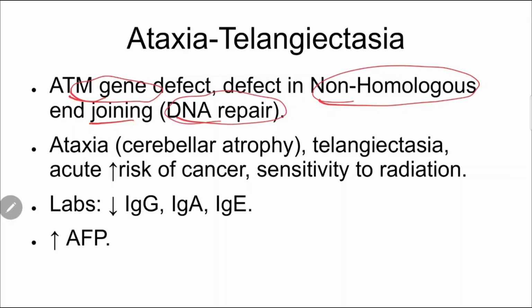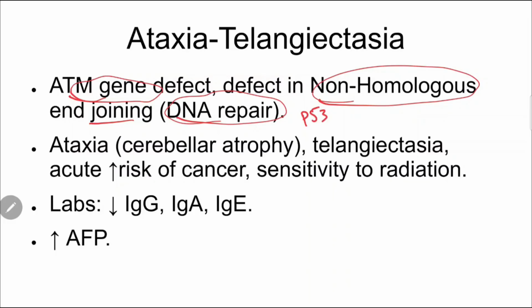So the normal function of the ATM gene is to detect the DNA double strand breaks that happen due to multiple reasons, like let's say radiations, right? So it is to detect those breaks and activate P53. P53, I will talk about this later on, but it basically controls your cell cycle, right?